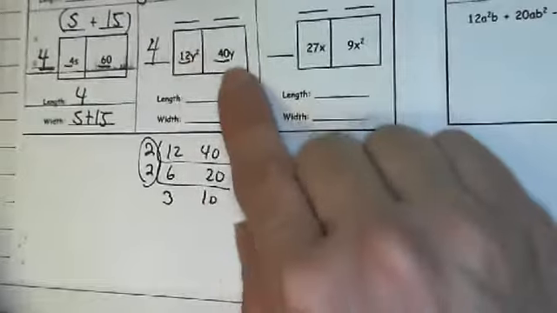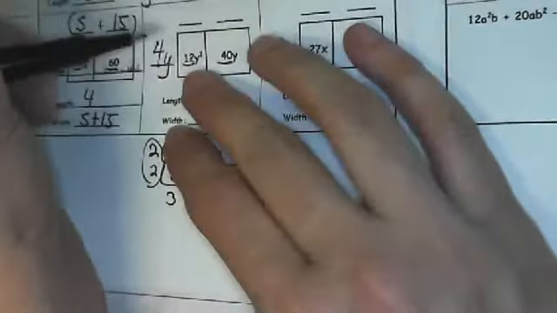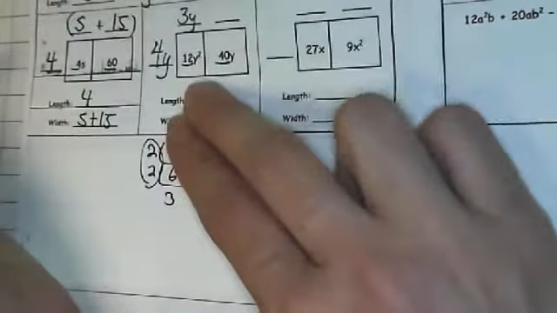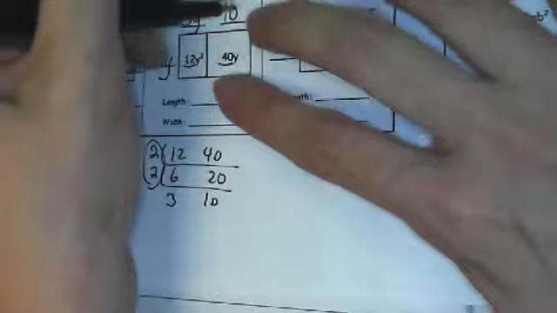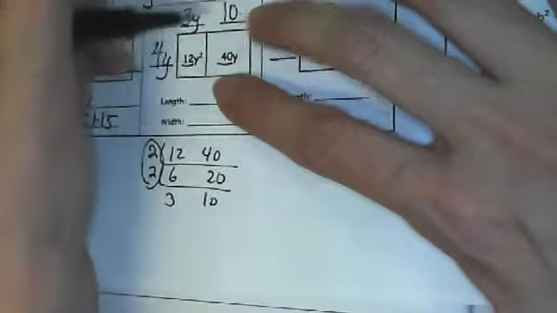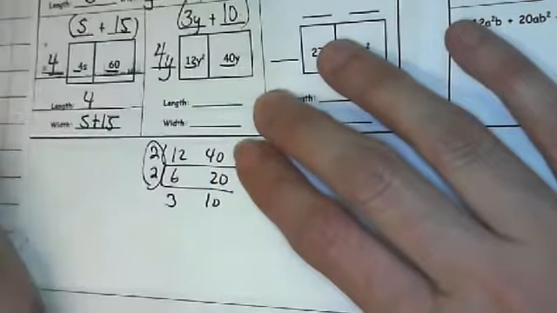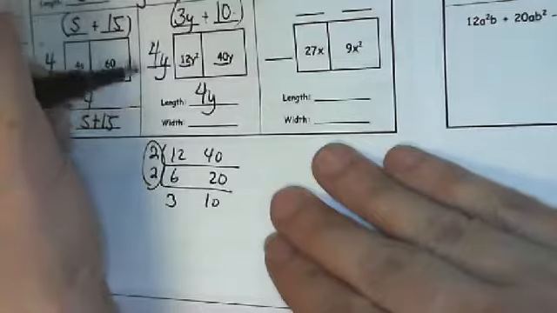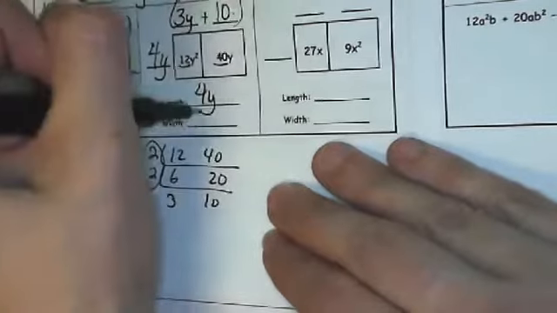So 4y times what is 12y squared? That would be 3y. And then 4y times 10 is 40y, and I don't need another y because I have it. So this is in my parentheses: I have 4y, and then 3y plus 10.